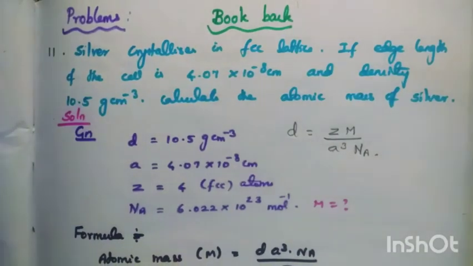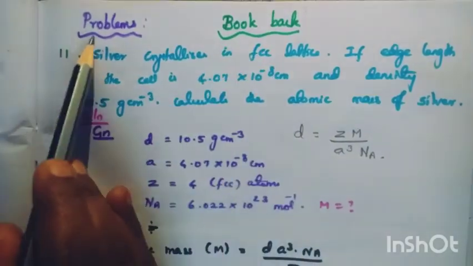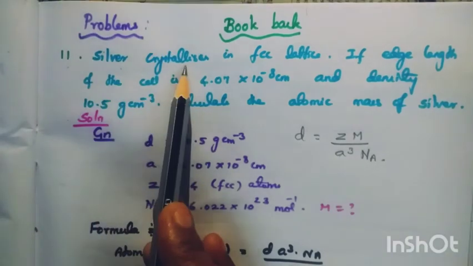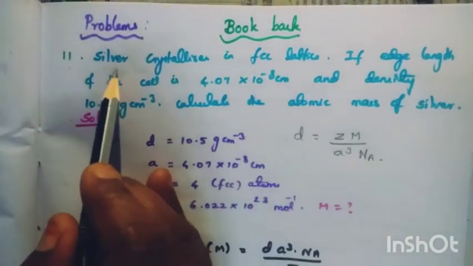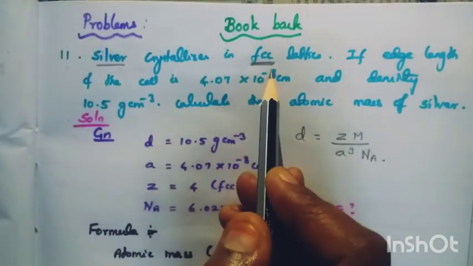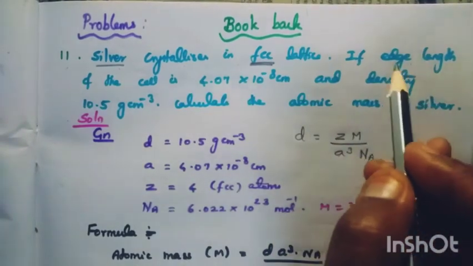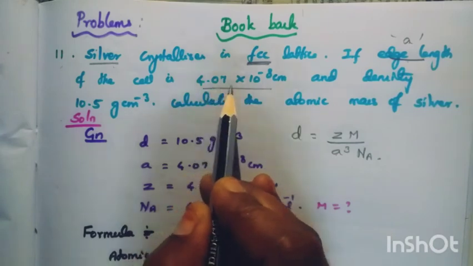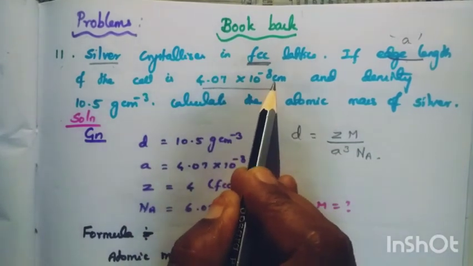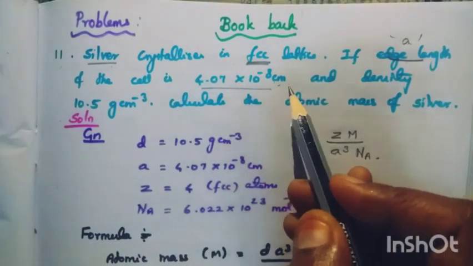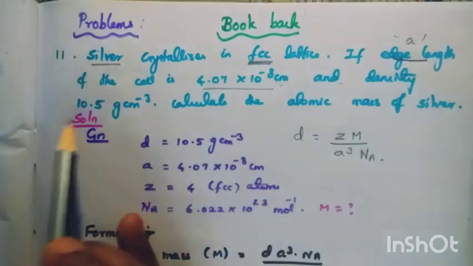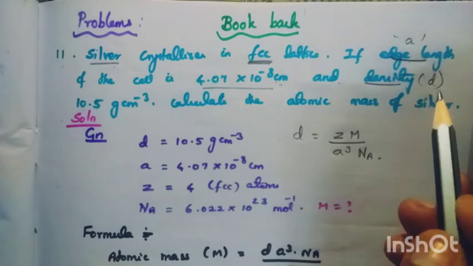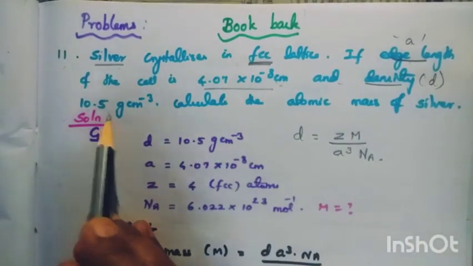Now, book back exercise, question number 11. Silver crystallizes in FCC, so silver is in an FCC lattice. The edge length a is 4.07 into 10 power minus 8 centimeter. Keep it in mind. The density D is 10.5 gram per centimeter cube.